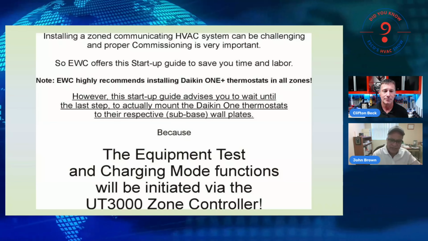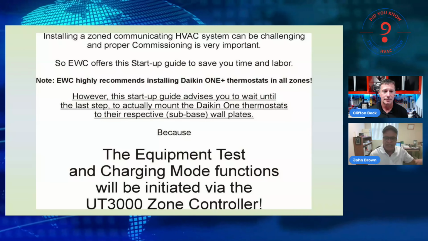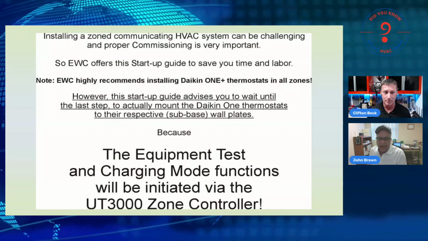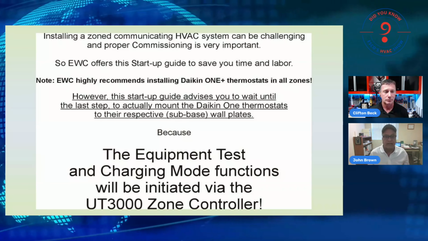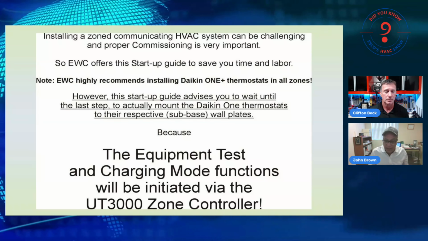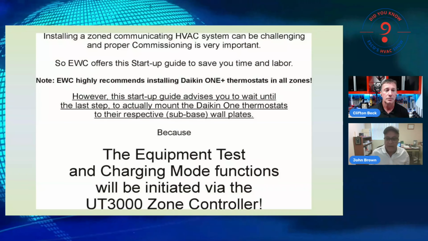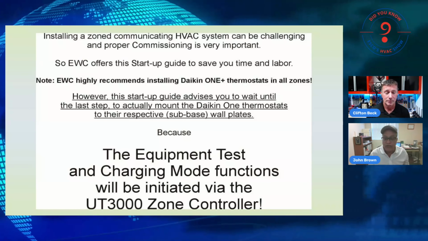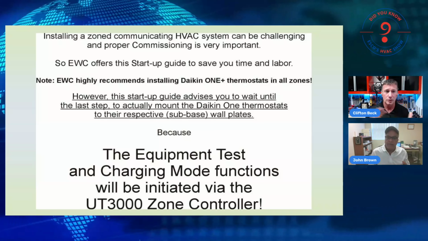If a thermostat in grandma's room is set to heat, the zone control is going to try to activate that. Absolutely. And you've got some dampers open and some dampers closed, which could inadvertently affect the outcome of your equipment test or your charging mode and your subcooling values. Sure, your load across the evaporator.